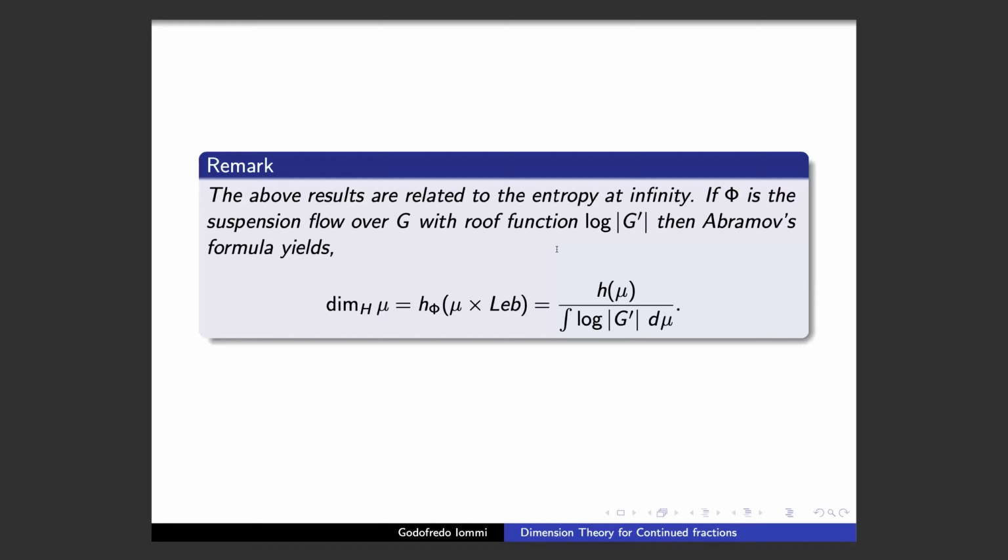Because basically, if you look at the pressure of minus t times the roof function, the Bowen formula, the formula that Bowen and Ruelle obtained, tells you that, at least in subshifts of finite type, a compact setting, the root at which that pressure crosses 0 corresponds to the entropy of the suspension flow. And here what I'm adding is an extra point which comes just before that, which characterizes the entropy at infinity. Okay.